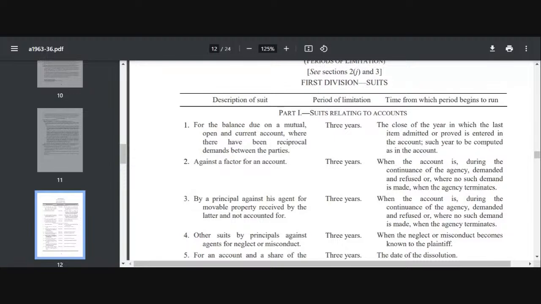And the first division, suits, is again divided into 10 parts. All these parts, from article 1 to article 60, give you 3 years. Articles 1 to 60 all have a period of limitation of 3 years.